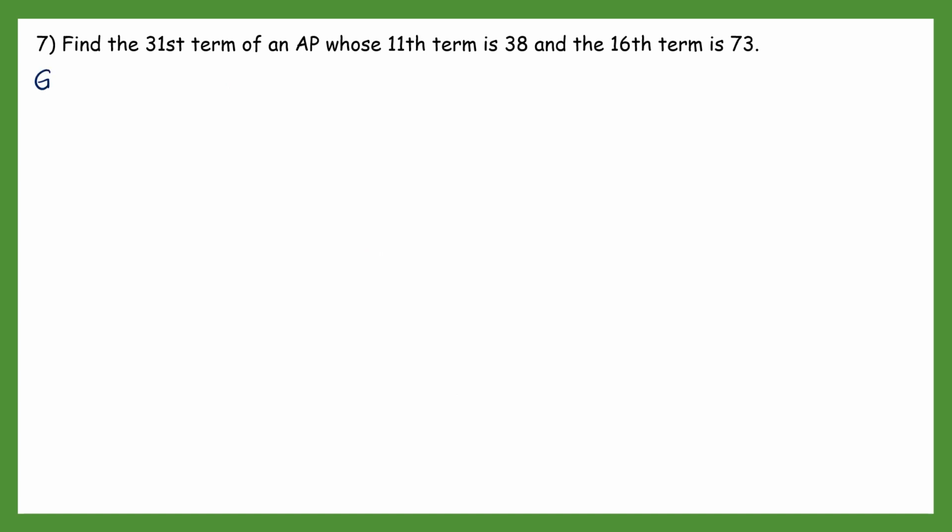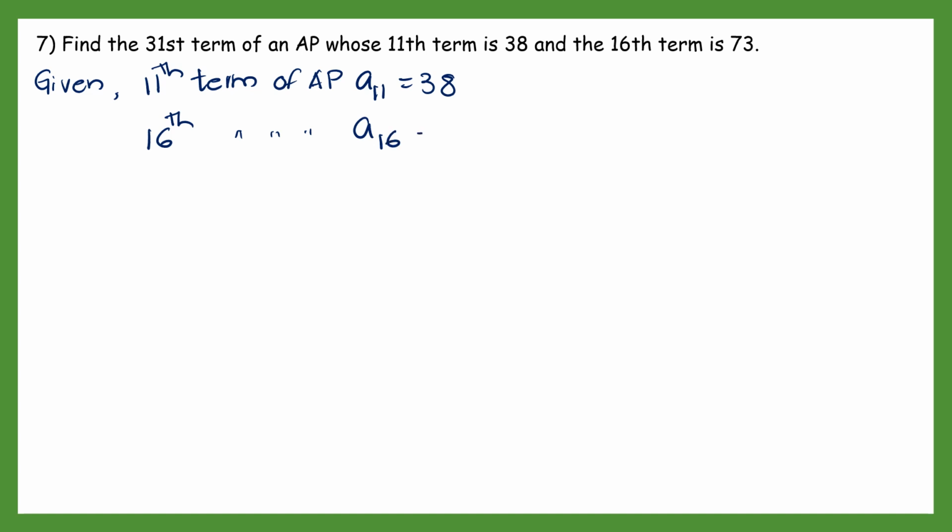Given the 11th term of the arithmetic progression, A11 is equal to 38. The 16th term, A16, is equal to 73. We need to find the 31st term, A31 is equal to question mark.